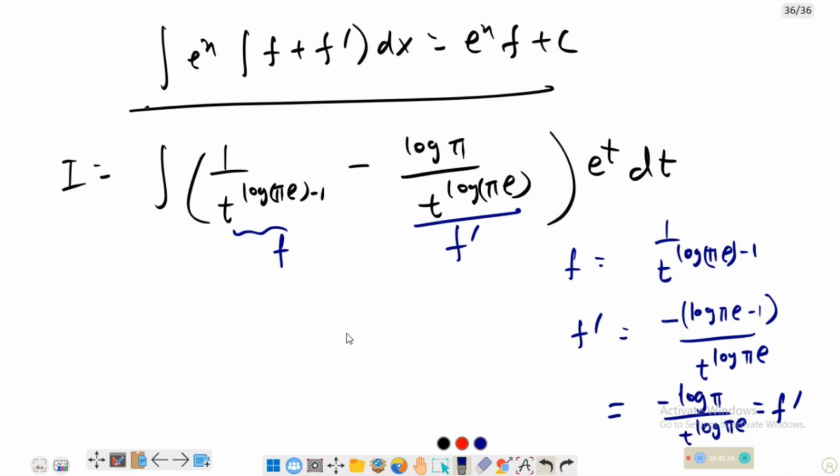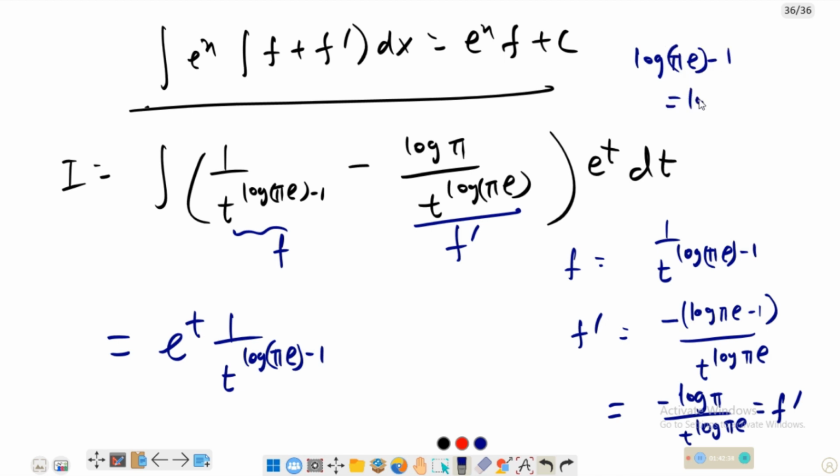Okay, so the answer is e to the power t f. Okay, what is our f? F is this quantity, 1 upon t to the power log pi e minus 1. Okay, and again I use this formula, log pi e minus 1 is equal to log pi plus log e minus 1. This is 1, so it cancels out, this is log pi.